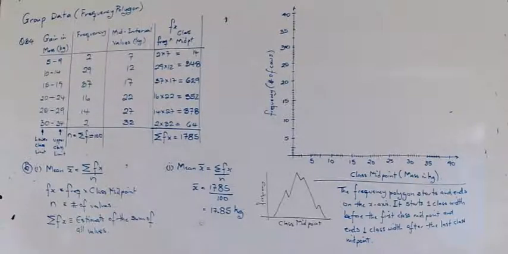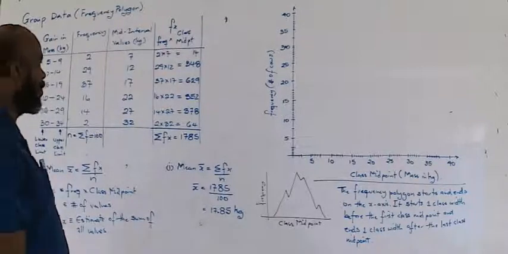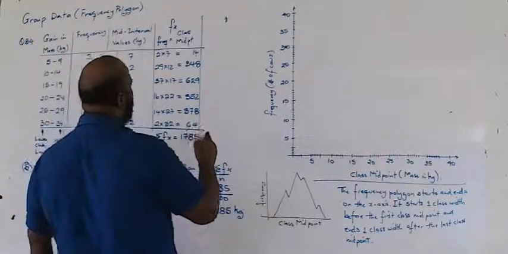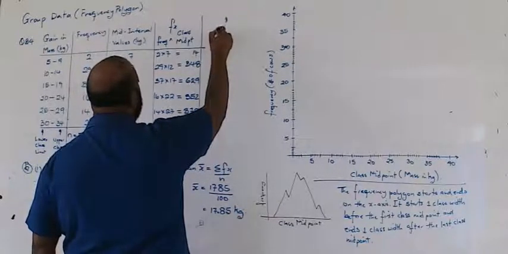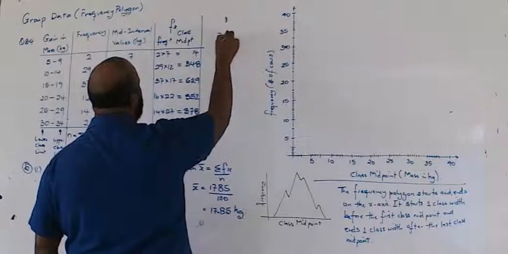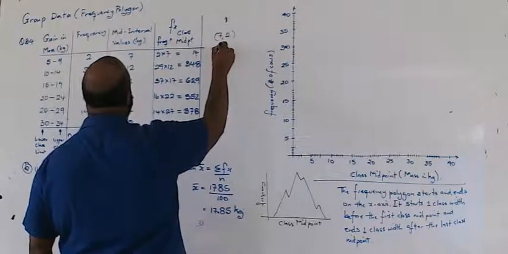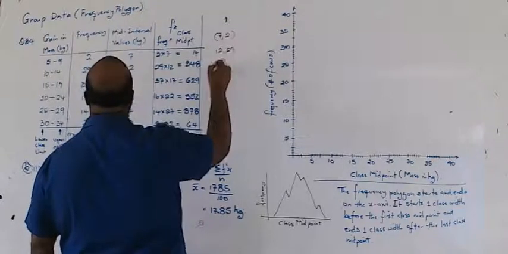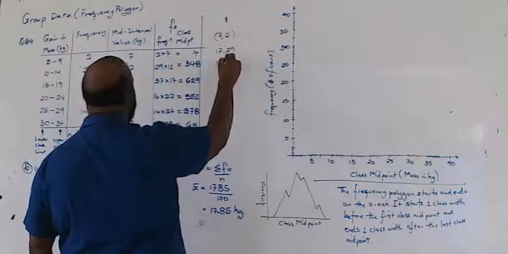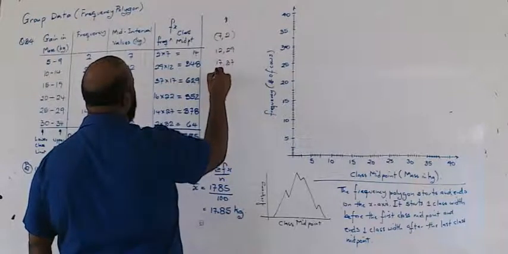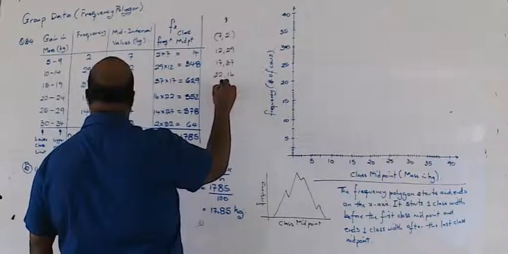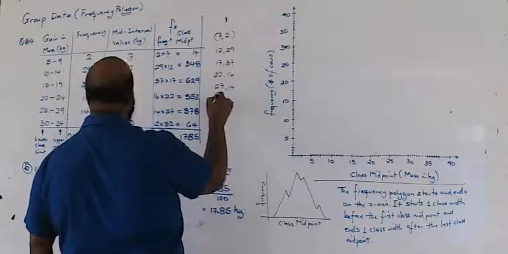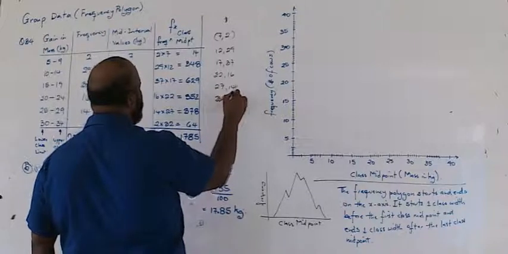Alright. So these are the points that you're going to plot to draw your frequency polygon. You're going to plot the frequency against the class midpoint. So it's class midpoint 7, frequency 2; 12, 29; 17, 37; 22, 16; 27, 14; and 32, 2.